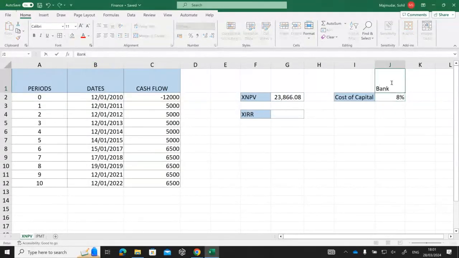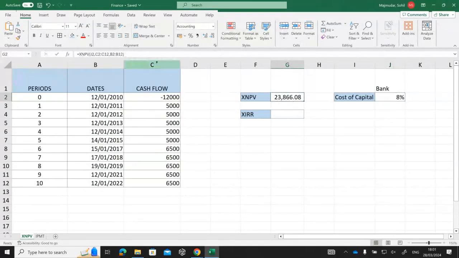Let's call this the bank rate. You're making £23,000 more in this investment compared to putting the money in the bank at 8%.